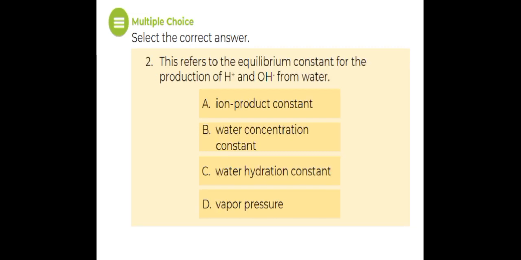Next, number 2. This refers to the equilibrium constant for the production of hydrogen ion and hydroxide ion from water. Is it A, ion product constant, B, water concentration constant, C, water hydration constant, or D, vapor pressure?